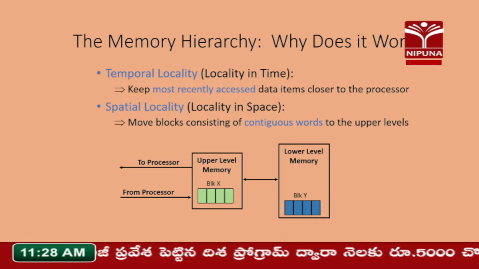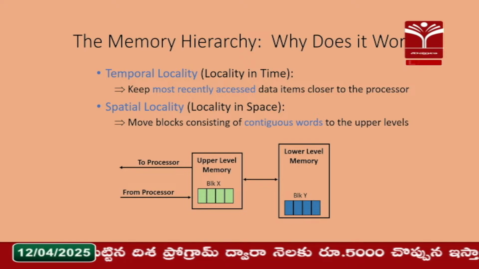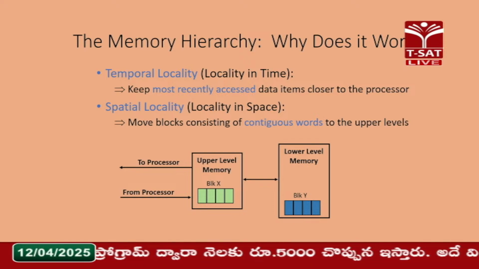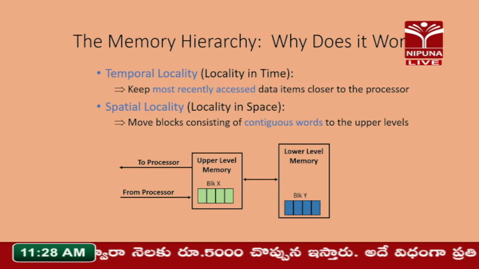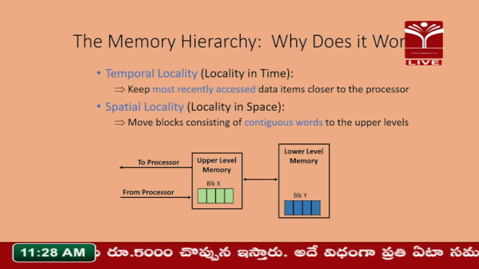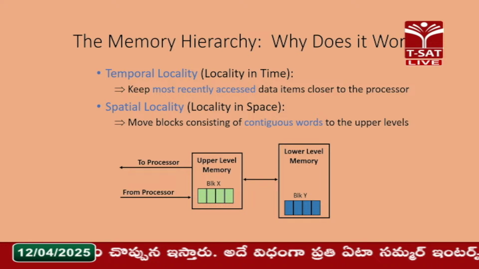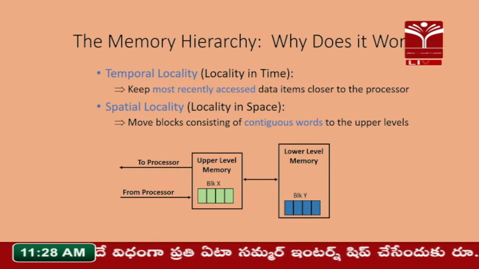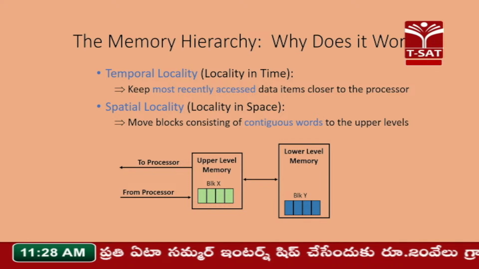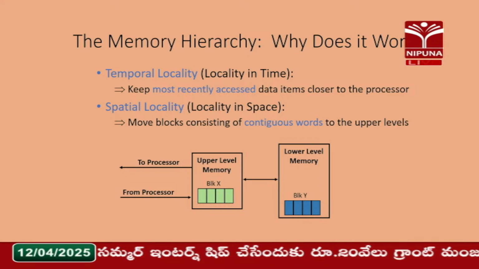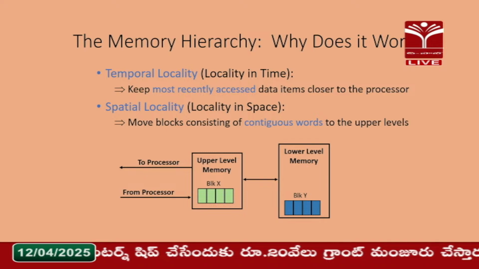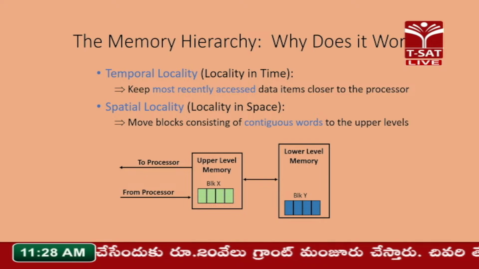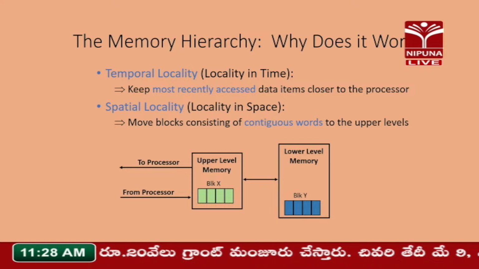So you keep the most recently accessed data in the cache because there is a high probability that the processor needs the data in the upcoming cycle time. So whatever you are using more frequently, you keep it closer to the CPU in the cache, and that's what the temporal locality property will allow you to do.